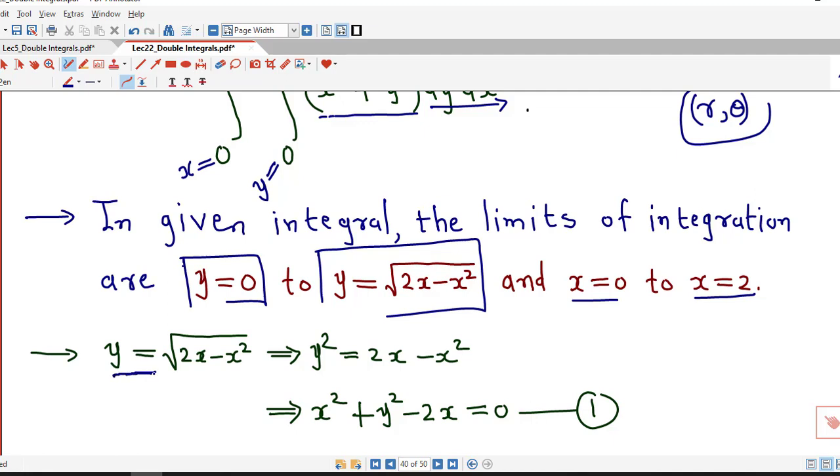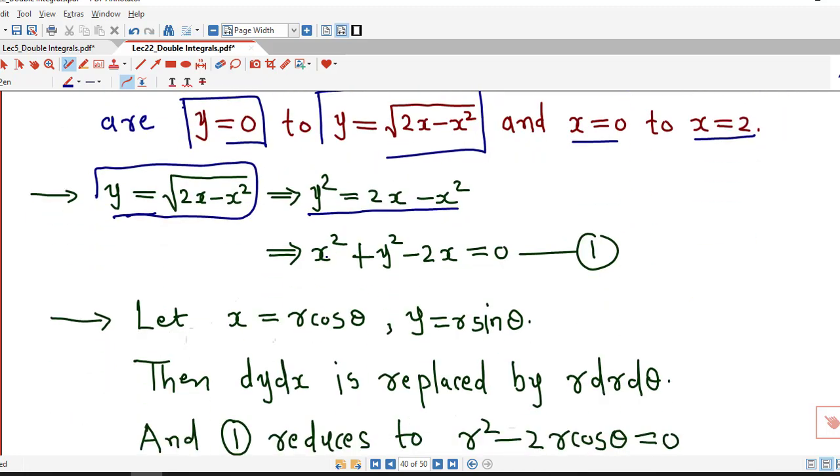So first we simplify this equation, y equal to square root of 2x minus x square. Taking square on both sides, we have y square equal to 2x minus x square. This we can rewrite as x square plus y square minus 2x equal to 0. So this is the equation of a circle.